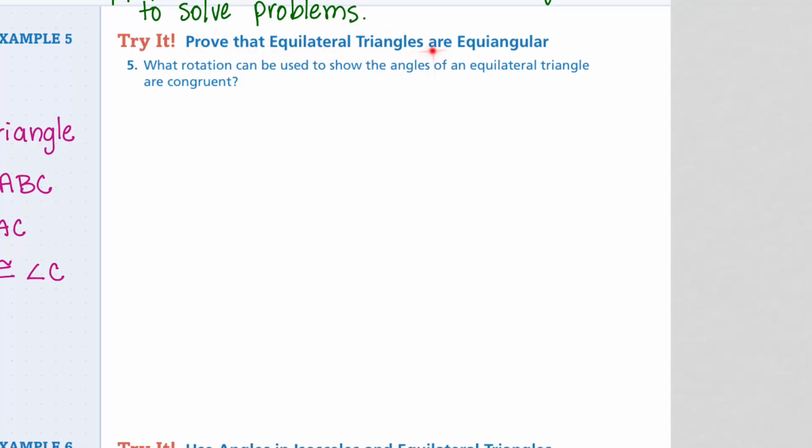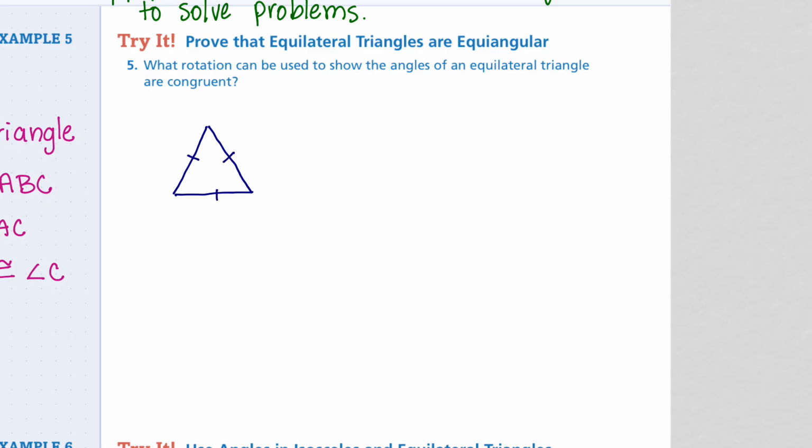Prove that equilateral triangles are equiangular. What rotation can be used to show that angles of an equilateral triangle are congruent? Sketch an equilateral triangle. I know the angles, I know that the sides would be congruent.